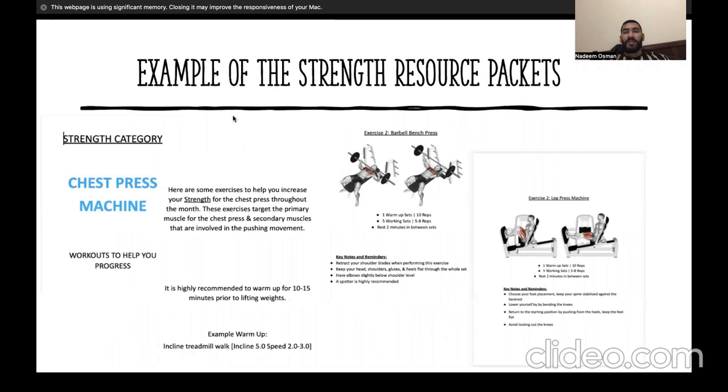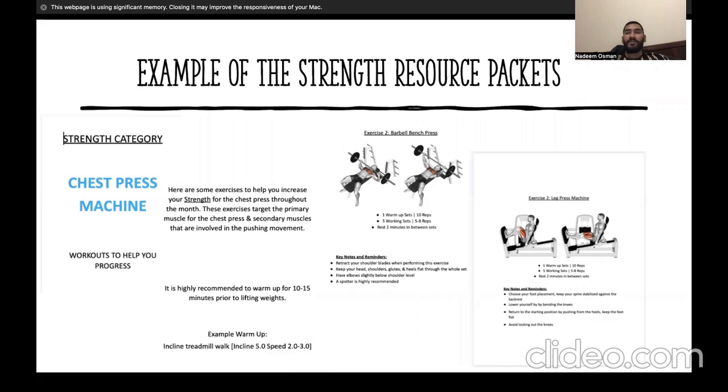Here is an example of the strength resource packets. The first page has the title and just a little cliche thing saying workouts to help you progress. Now, I go a bit in detail on the second page and include that a warm-up is highly recommended prior to them lifting the weights. And I give them a little example of what they could do. I include everything they need to get a bit stronger.